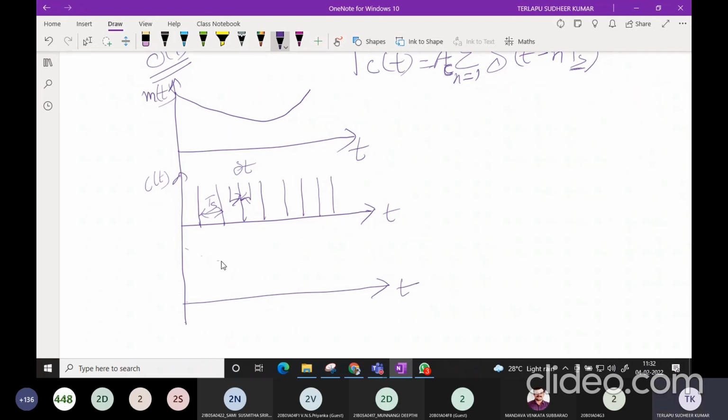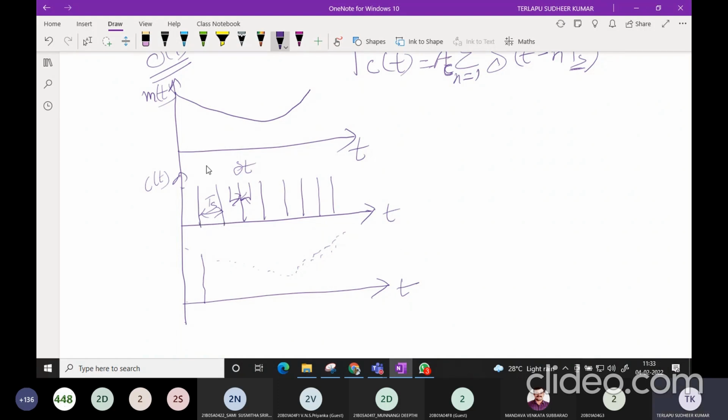Because I have my M of t something like this, at this interval of time I get my sample. If I multiply M of t and C of t, whenever there is C of t, M of t can be multiplied. During the rest of the time period, my C of t value is 0, if you observe carefully.